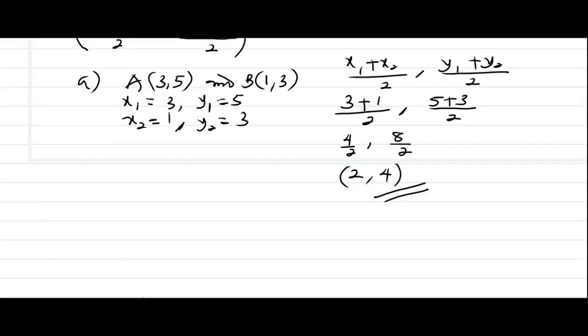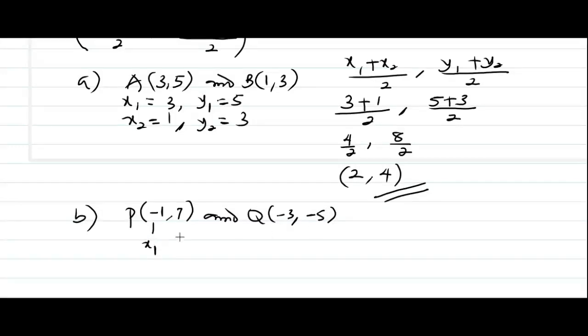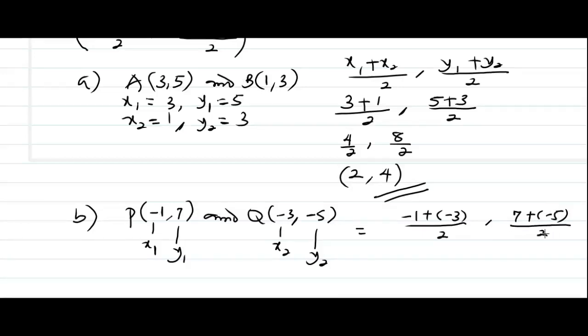So let's see the second question. We have P into minus 1, comma 7 and Q into minus 3, comma minus 5. So this is our x1, this is our y1, this is our x2, and this is our y2. So x1 plus x2 divided by 2, comma, y1 plus y2 divided by 2.